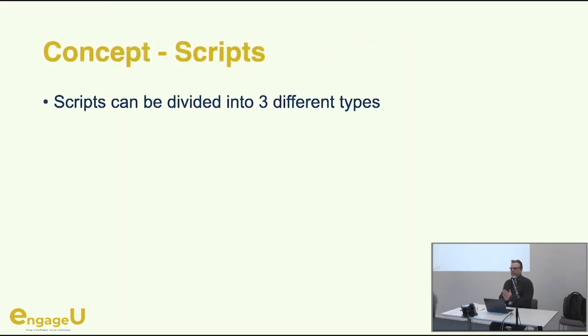So the concept I have here is that in general, you can divide scripts into 3 different types. We have the flow scripts, which are those who contain the business logic. So saying now there's an order, and based on that, we have a series of actions going on.